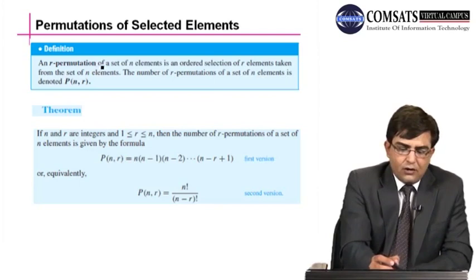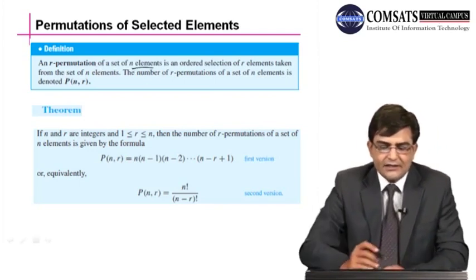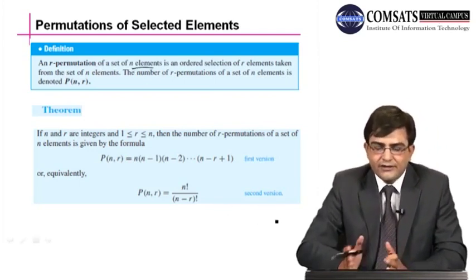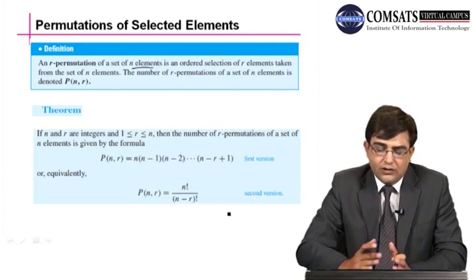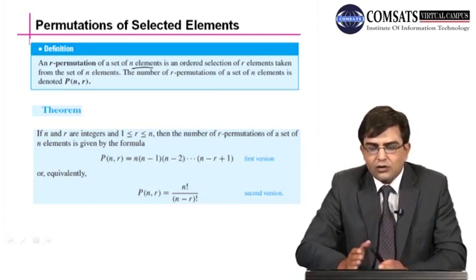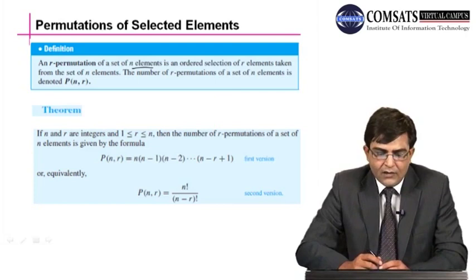An r-permutation of a set of n elements: out of n elements of a set, we have to calculate arrangements of r elements, that is, how we can calculate the permutations of r elements out of n elements of a set.